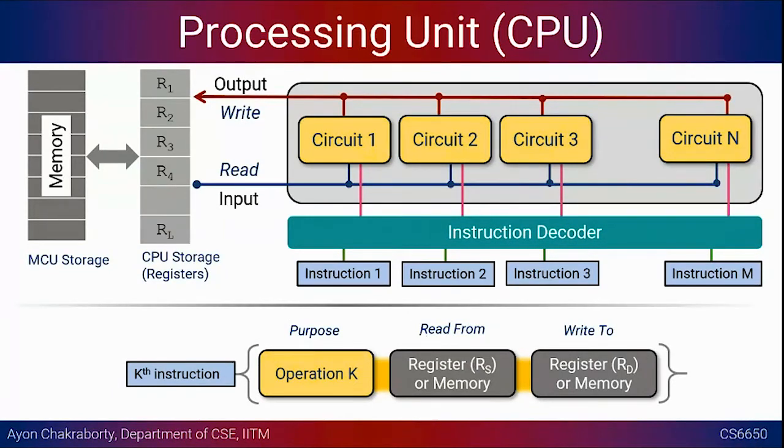If it is going to read from a certain location, where is it going to read from? Is it a register or a memory? And after execution of the instruction, it might try to write the result somewhere, so it is a destination register or some destination memory location. This is what comprises a typical instruction in a microcontroller.